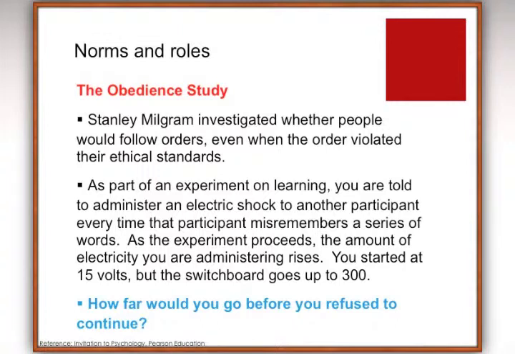As part of an experiment on learning, the participant is told to administer an electric shock to another participant every time that participant misremembers a series of words.